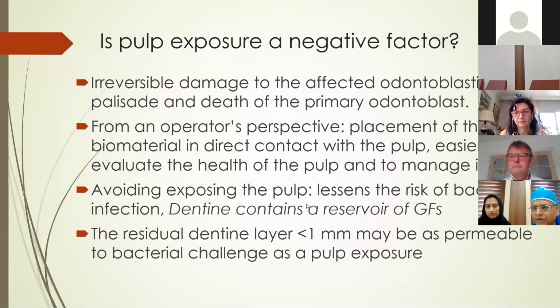In that case, when we have a very thin layer of dentin, do you recommend exposing it and putting our biomaterial in direct contact with the pulp tissue? Or, if we still have a very thin layer, less than 1 millimeter, is it better to save it? Because, especially in the American style, they recommend removing the thin layer of dentin and doing root canal treatment or vital pulp treatment, rather than just leaving a very thin layer. Please give us some clue about that.